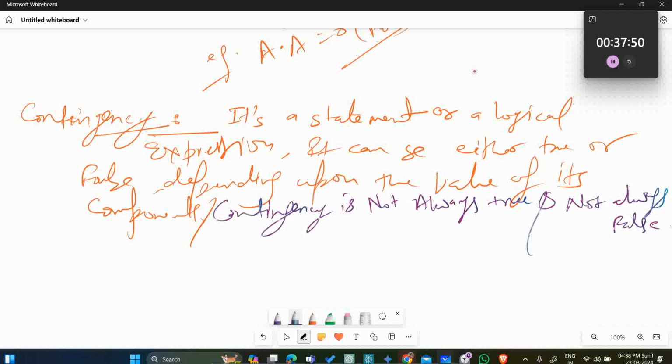For example, A plus B could be true or false depending on the values of A and B.